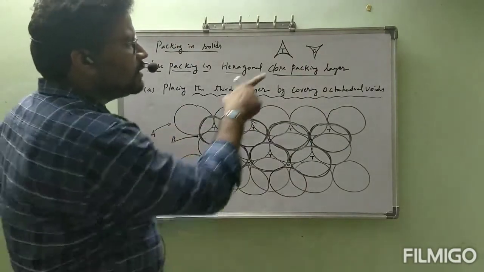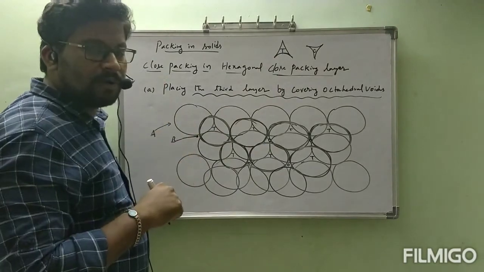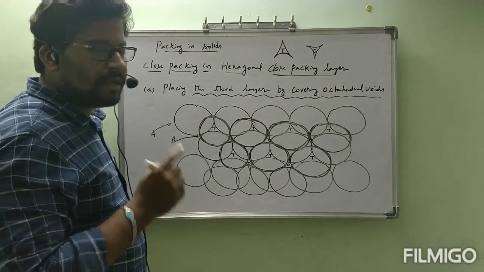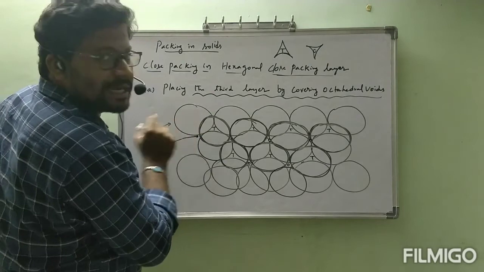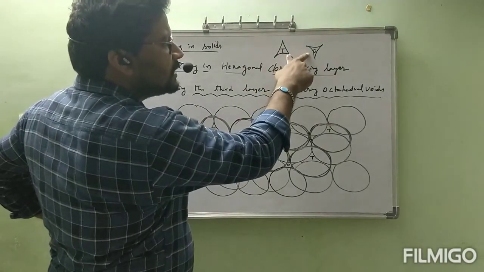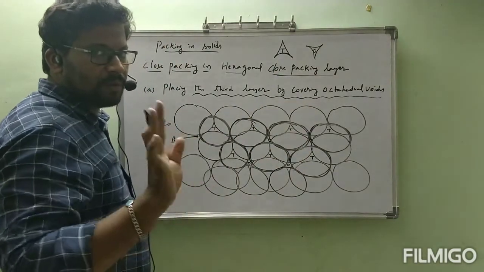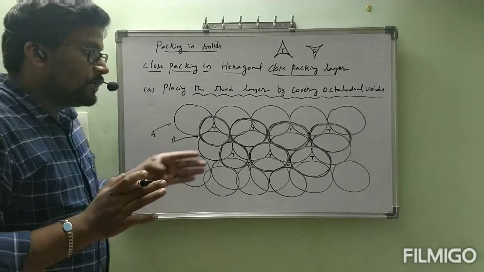In this arrangement, the triangular void pointing above, means pointing upwards, will be getting as tetrahedral void. Whatever the voids present with triangular void below, pointing below, they are getting octahedral voids. Okay, now I am going to keep third layer.